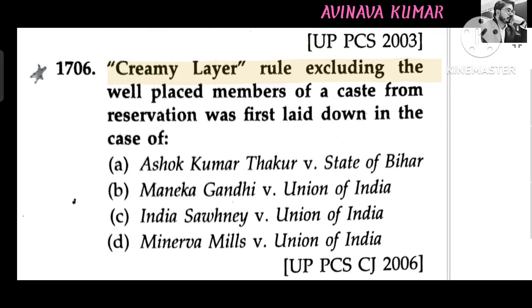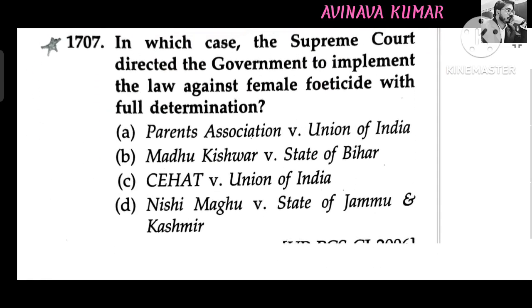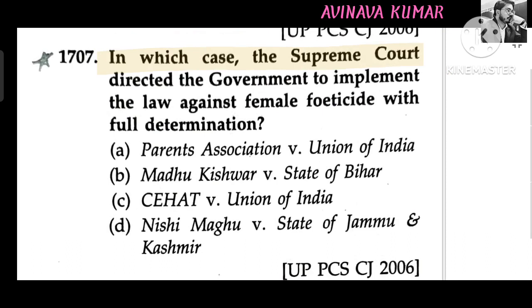Creamy layer rule, excluding the well-placed members of a caste from reservation, was first laid down in the case of Indra Sawhney versus Union of India. In which case did the Supreme Court direct the government to implement the law against female foeticide with full determination?